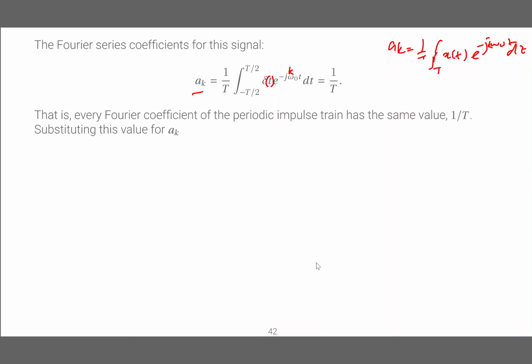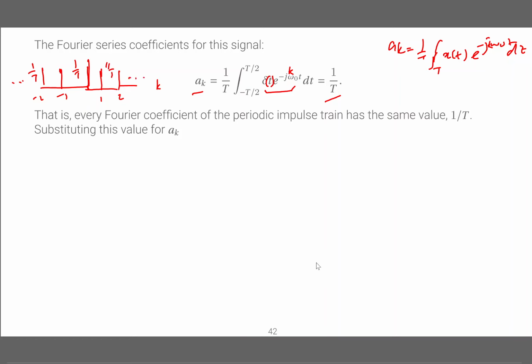So you put t equals 0 in the product, and then you will have 1/T. You can see every Fourier coefficient of the periodic impulse train has the same value, 1/T. For all k, 1, 2, -1, -2, and so on, the value is 1/T.